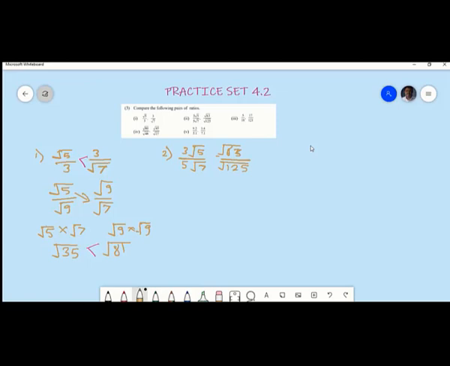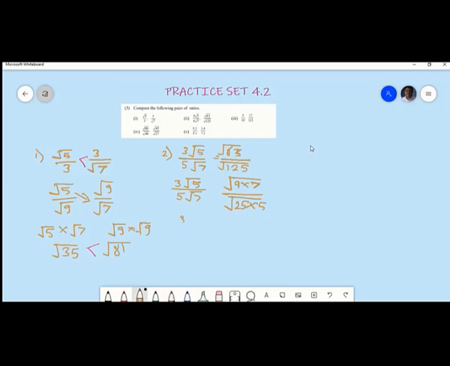We make these surds into mixed surds. 63 is in the 9 table, 9 sevens are 63, and 125 is in the 25 table, 25 fives are 125.